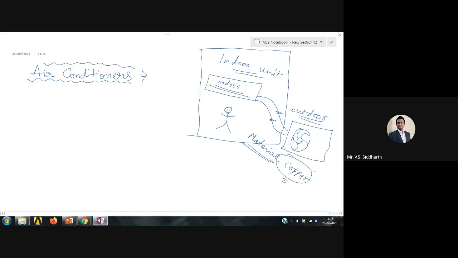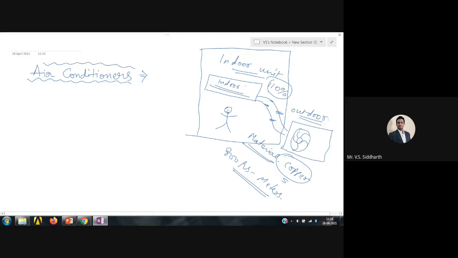Because whenever we ask the AC technician to keep the outdoor unit on the terrace, he will say, sir, 800 rupees per meter will be the cost of the copper tube. So costly. Not aluminum, Satvik. You check, 110% I'm sure that it is the tube made of copper, not aluminum.